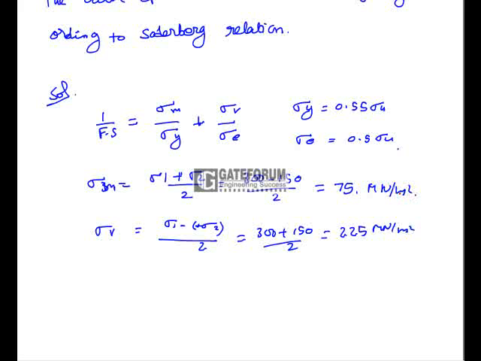Now substitute these two values in the given equation. Factor of safety is given as 2, so here 1 by 2 is equal to 75 by 0.55 sigma u plus 225 by 0.5 sigma u. Now from this equation you can calculate sigma u, that is the ultimate strength, which is equal to 1172 meganewton per meter square.